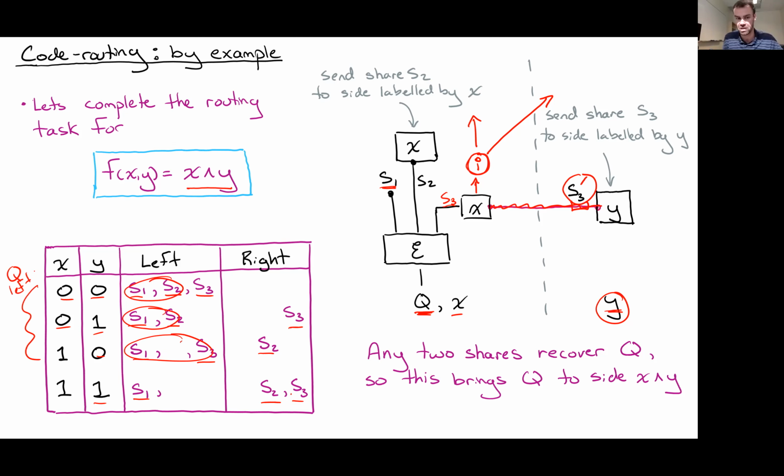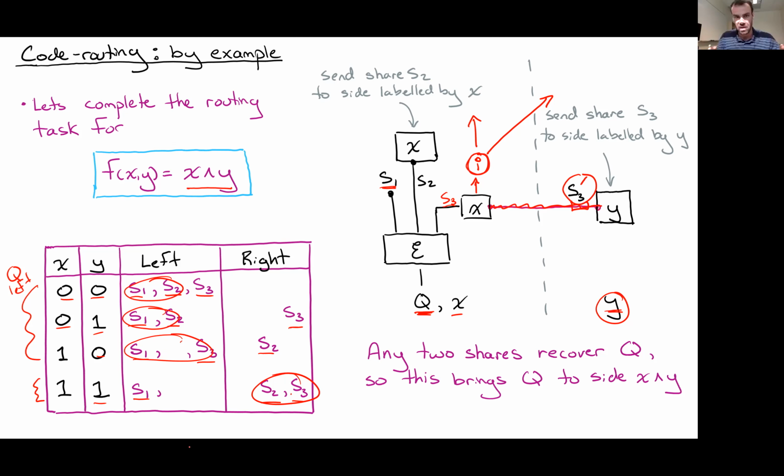Those are also the cases where X and Y is 0, and that's when we wanted Q on the left. So this worked correctly. In the last case, there's 2 shares on the right, and X and Y is 1, and so we wanted Q on the right. So that was correct again. So this brought Q to the correct side and completed the task, the F-routing task.